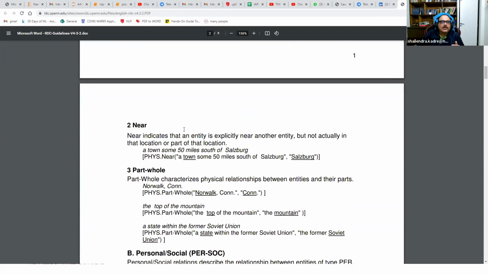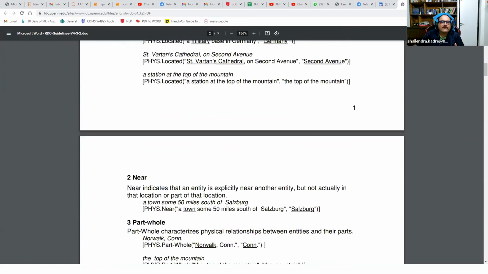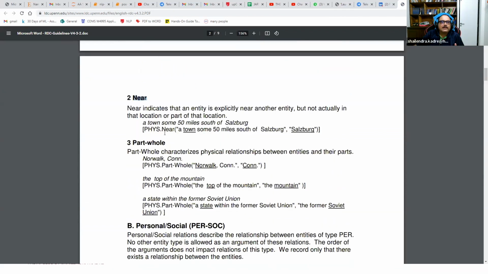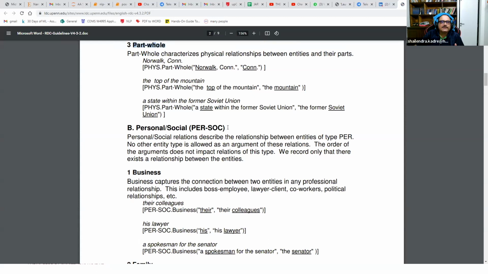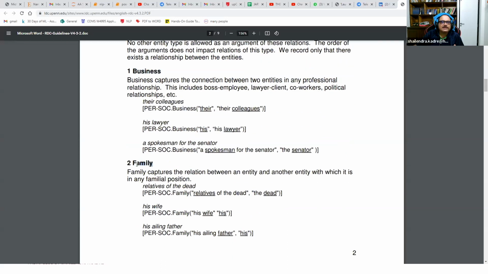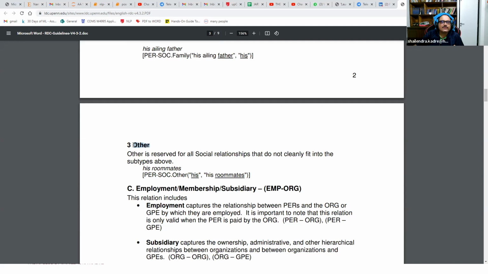See, located is also one kind of relationship. Near is also one kind of relationship. Part whole is also a kind of relationship. Then personal, social, also relationship, business relationship. So these are the kind of family relationships. These are the types of relationships which we expect.